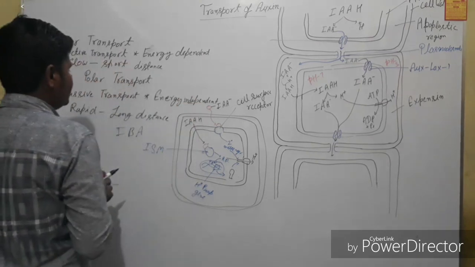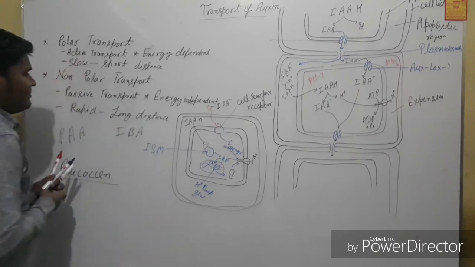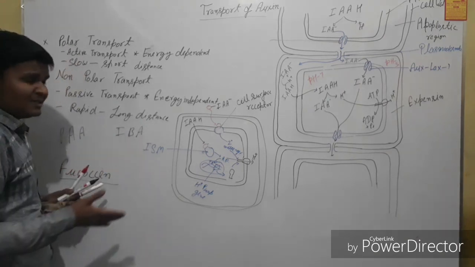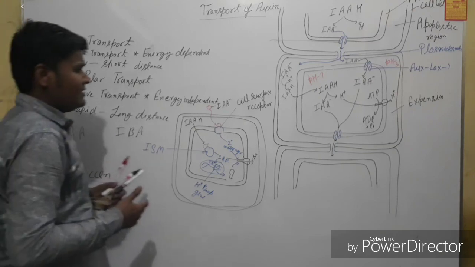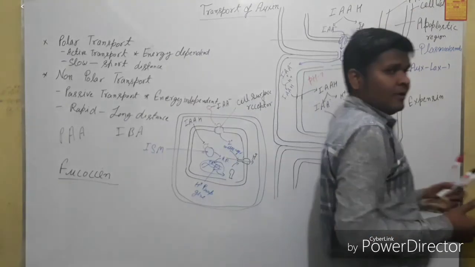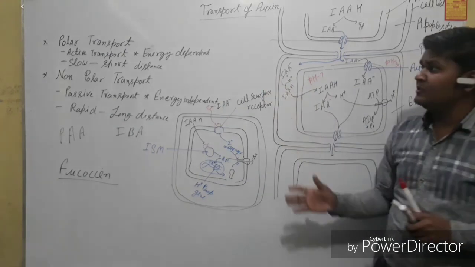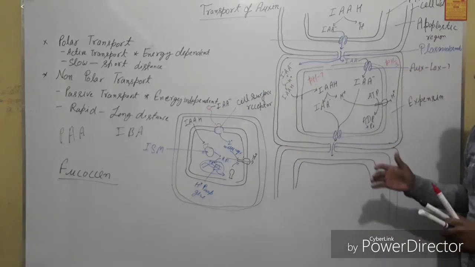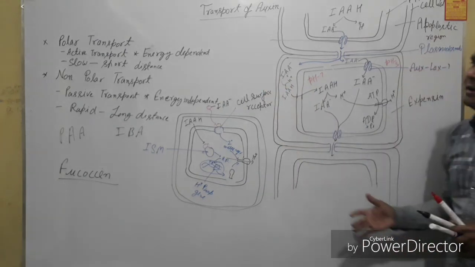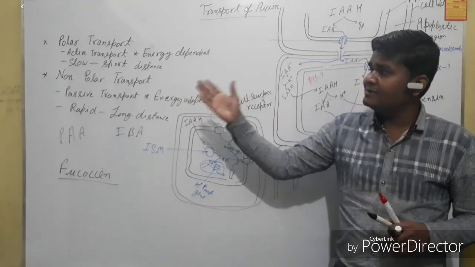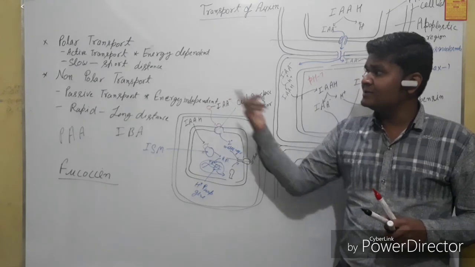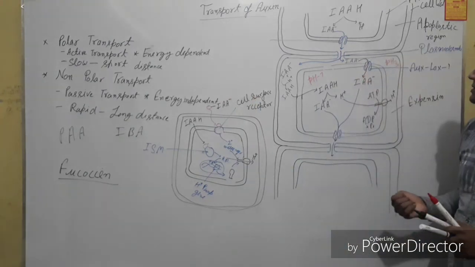It is a very rapid process, a long distance process, and it is transported by the phloem, whereas polar transportation occurs in a cell to cell manner, and it is an active transport, energy dependent, slow and a short distance process.